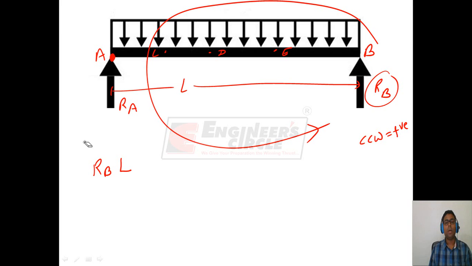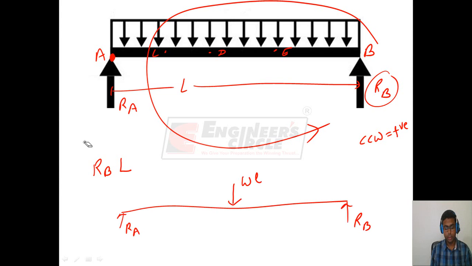Now, for the purpose of calculating moments, the UDL can be assumed to be acting at a point. So we can replace this entire UDL to be acting at its center, that is at a distance of L by 2 from end A. So the moment of this WL at point A will be WL, that is load into distance, which is L by 2.